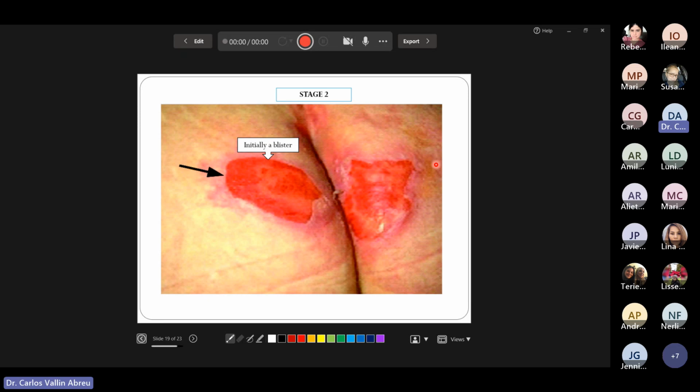Makes sense? So when you see hydrogel, hydrocolloid, used in dry lesions like this one, you expect a stage 2 to be dry. Usually it's dry. Makes sense?